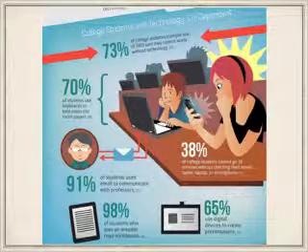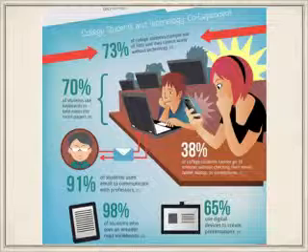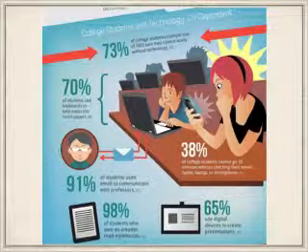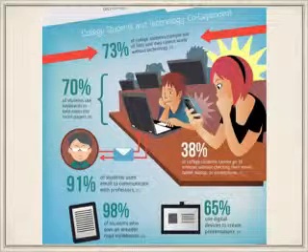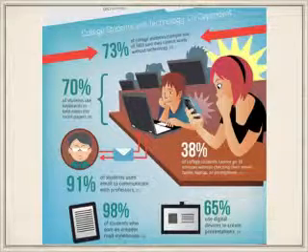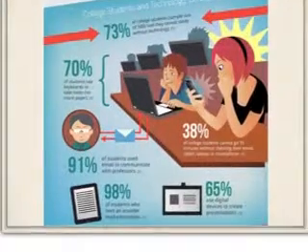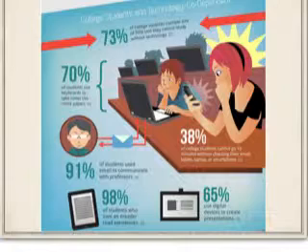And those keyboards are on their iPad, laptop, phones. 91% of students use email to communicate with professors. 38% of college students cannot go 10 minutes without checking their email, tablet, laptop, or smartphone. 98% of students own an e-reader and read e-textbooks, and 65% use digital devices to create presentations.